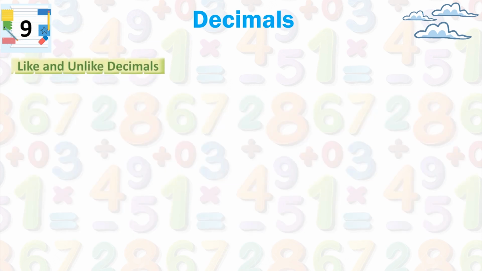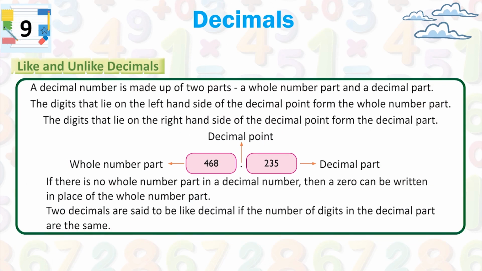Like and unlike decimals. A decimal number is made up of 2 parts, a whole number part and a decimal part. The digits that lie on the left-hand side of the decimal point form the whole number part. The digits that lie on the right-hand side of the decimal point form the decimal part.